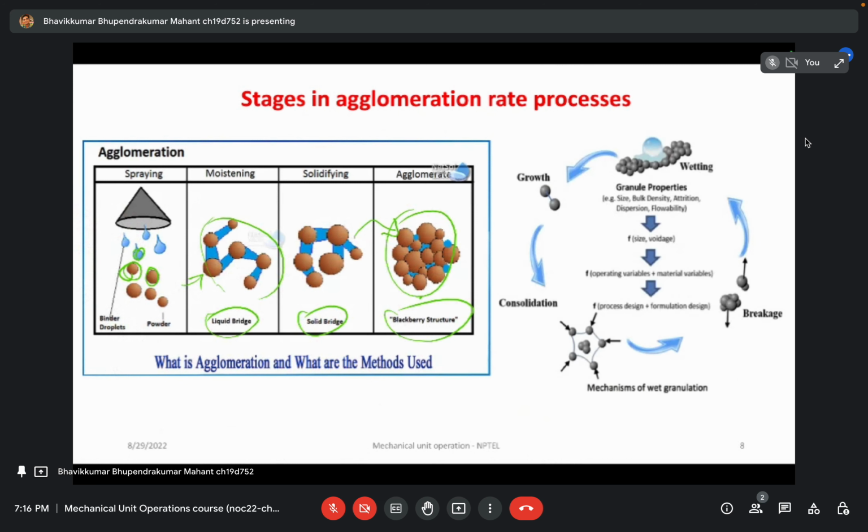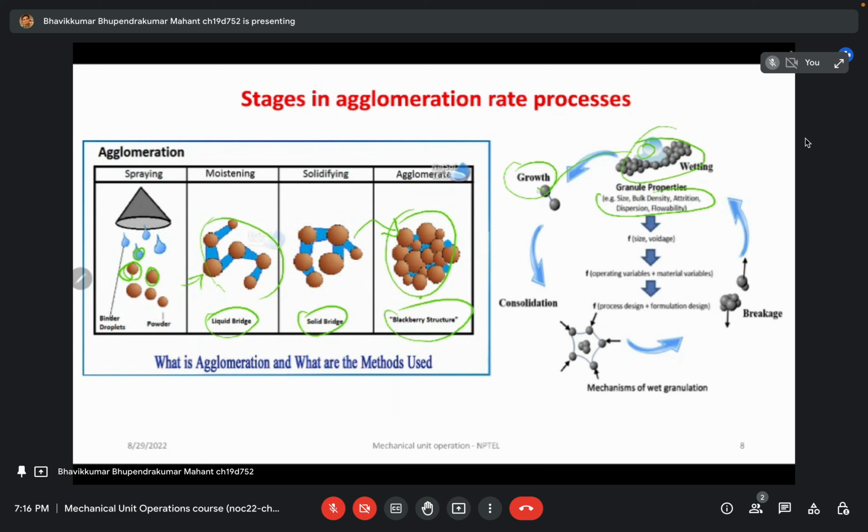Now if we go into more detail, we start with the wetting of the particles. For these wetting properties, we need to control properties like size, bulk density, attrition, dispersion, and flowability. Then the liquid can take part in the growth portion.